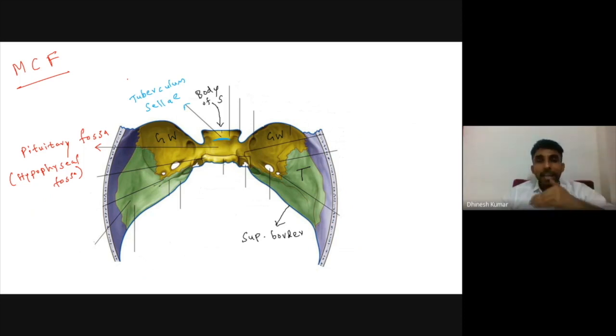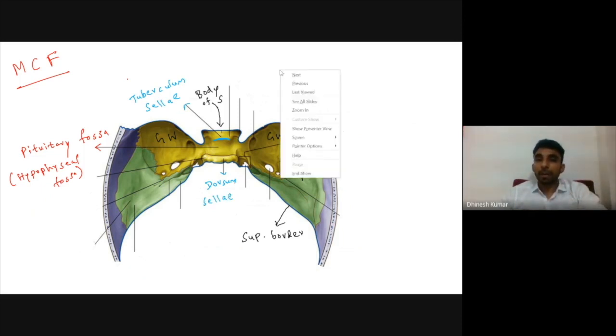And just behind the pituitary fossa, we have one elevation, as you see in this diagram, called the dorsum sellae. Dorsum means posterior, isn't it? So tuberculum sellae, pituitary fossa, then dorsum sellae.